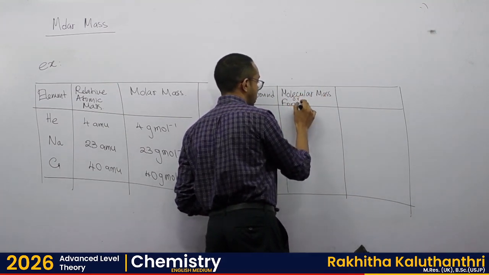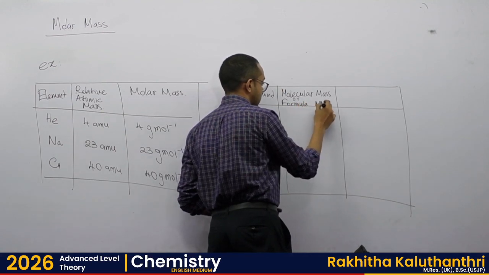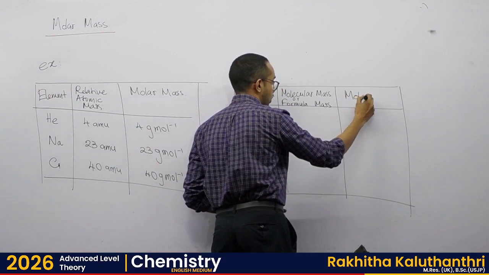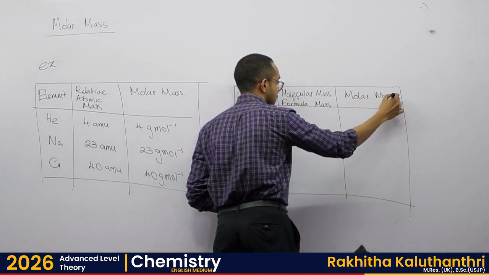Then the next column: molecular mass or formula mass, and here we have molar mass.